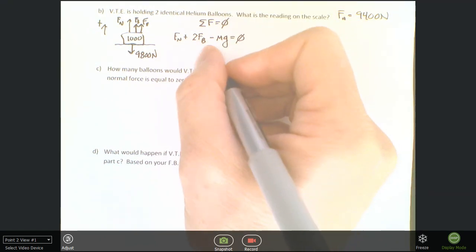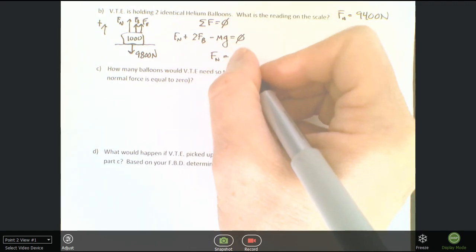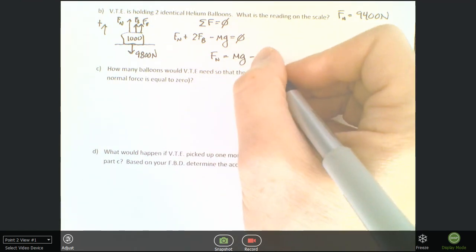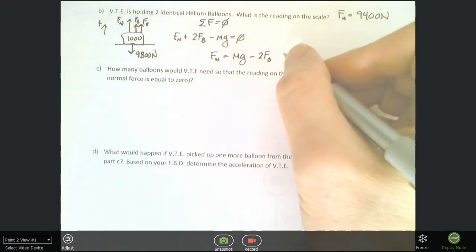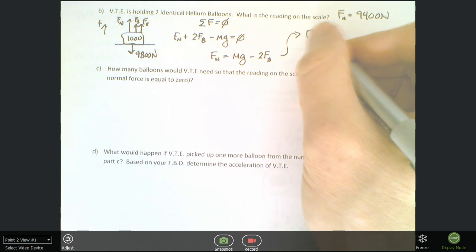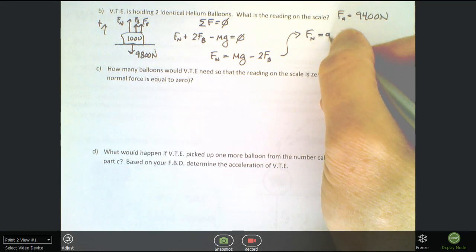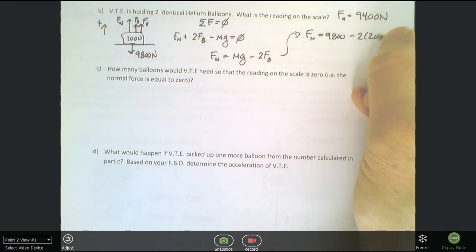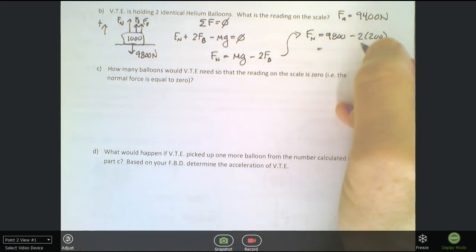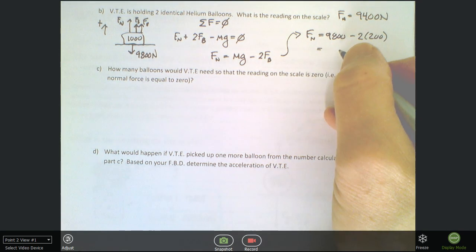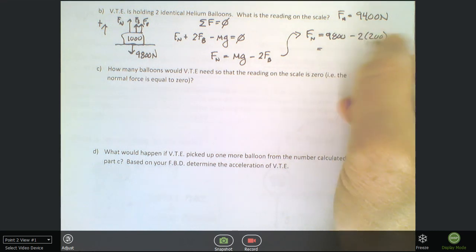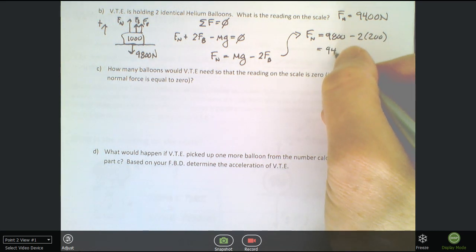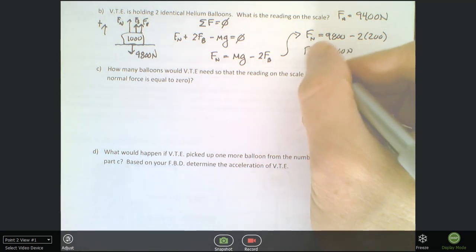So the normal force is going to be equal to the weight less the balloon forces. And you're like, this is a lot of work to get to an answer we know is easy. And 9,800 less 400 is 9,400 newtons.